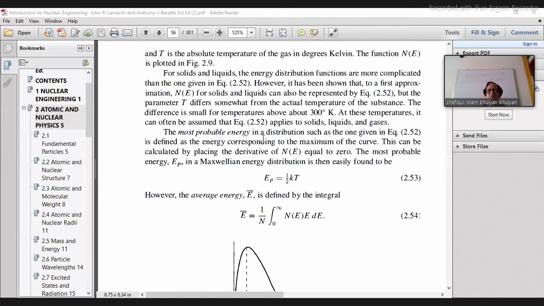However, we will be using it for neutrons, and we will be treating neutrons like a gas. So we can apply this.